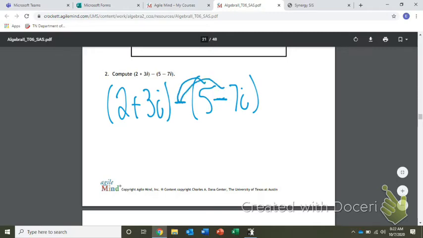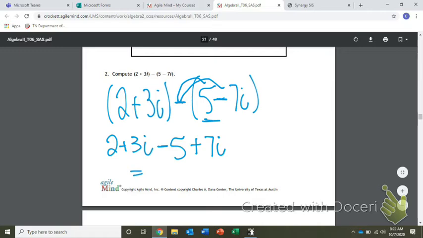So right here, does the first set of parentheses change? Do we do anything to it? No. So we just have 2 plus 3i. This positive 5 becomes a negative 5. And then this negative 7 becomes a positive 7 because 2 negatives make a positive.